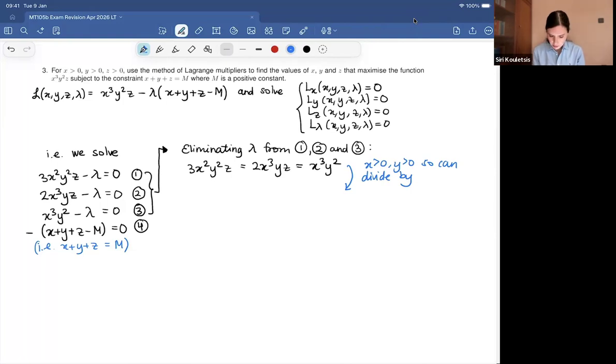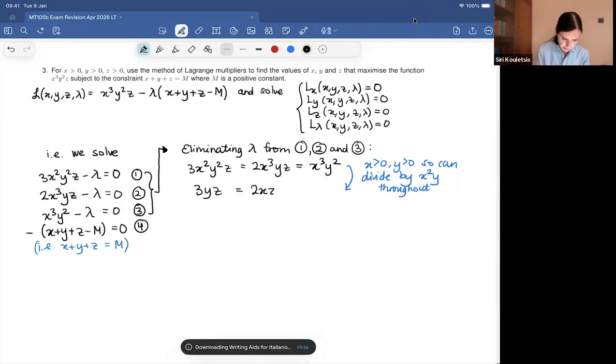Well, I can divide by x squared in each of the three equations, and also y. And let's see what that gives us. The first equation becomes 3yz. The second equation becomes 2xz. And the third equation becomes xy.